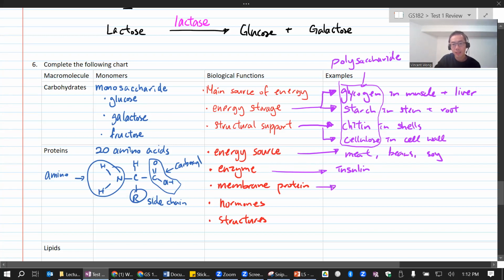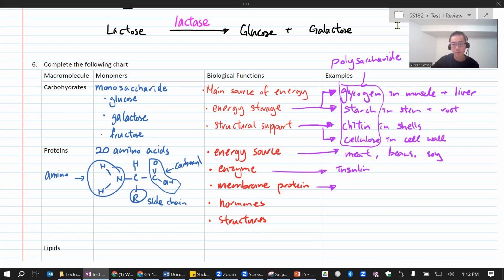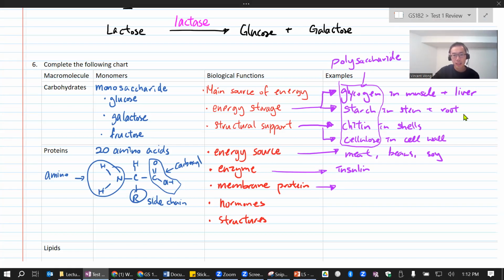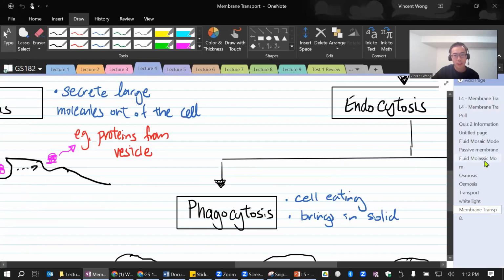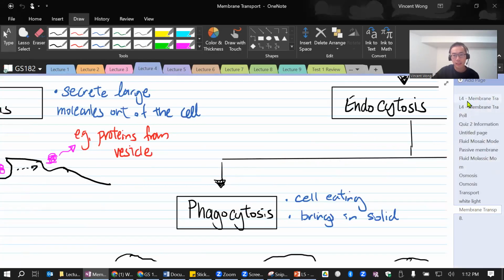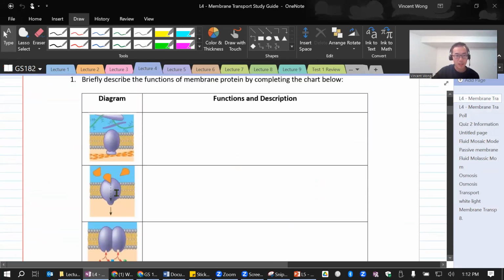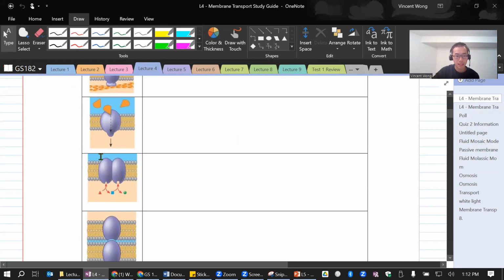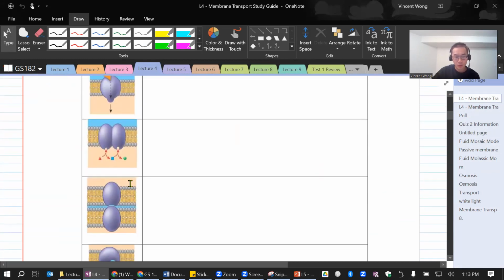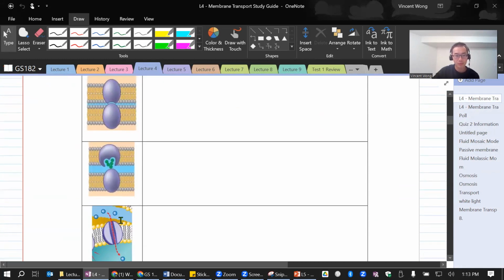Membrane proteins, they have various functions, right? 6 functions in total. Let me just quickly show you what I'm talking about. It was lecture 4, and in the study guide: attachment to cytoskeleton, cell signaling, enzymatic activity, intercellular junction, cell recognition, transport, right?